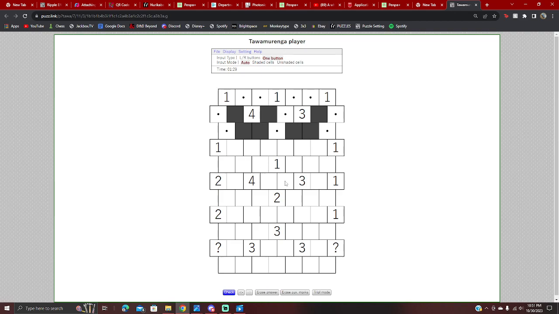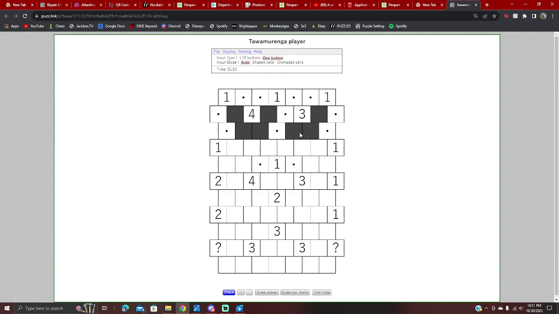Let's think about this. Well, we can do some things with these sides of these 1s. Same logic that we talked about up there. You know how it is. If this is shaded, it keeps going down, breaking the 1 clue, so these 2 can't be shaded.